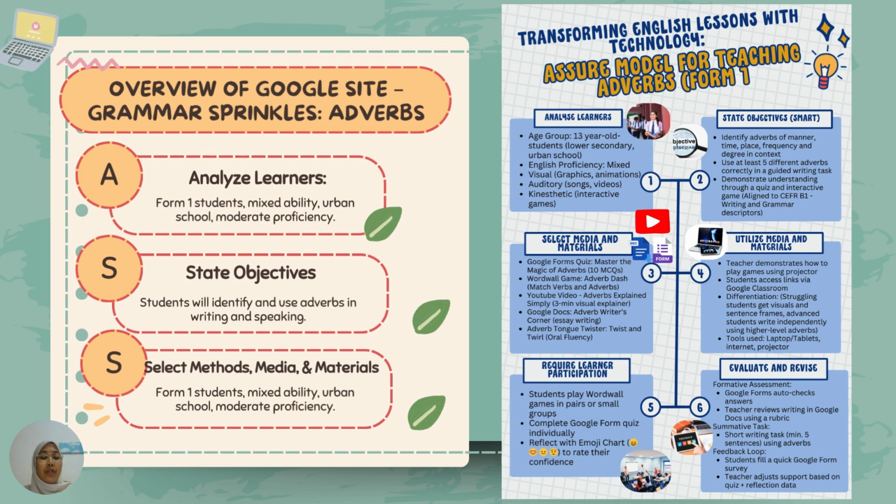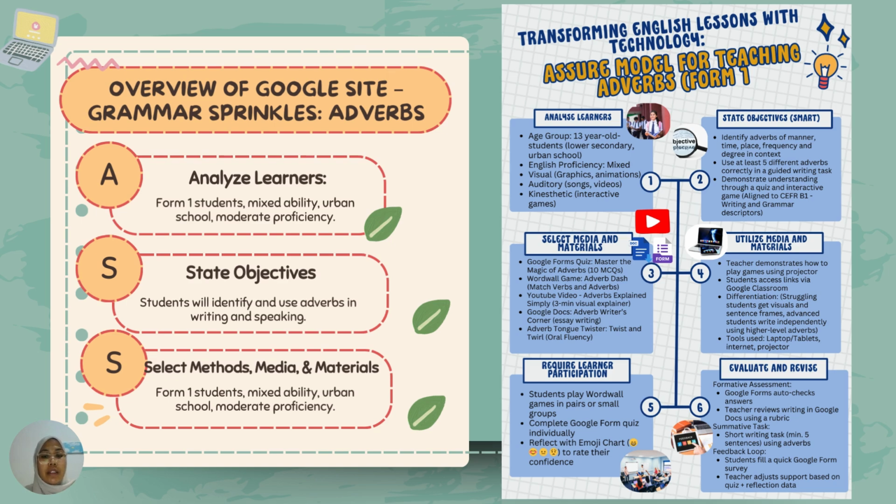So our approach follows the ASSURE model step by step. First, we analyzed learners to understand their needs: Form 1 students with mixed abilities and moderate English proficiency. And then we set SMART objectives, focusing on identifying and using adverbs in both writing and speaking. And then we selected diverse methods and media such as games, quizzes, and writing tasks to accommodate all learning styles.